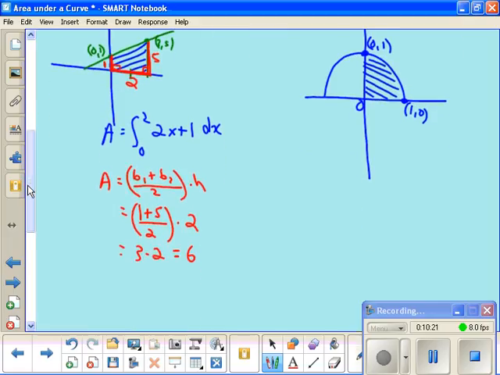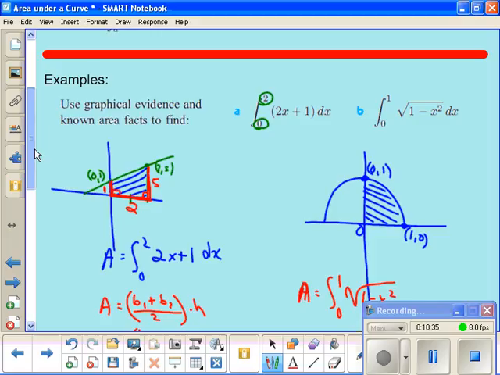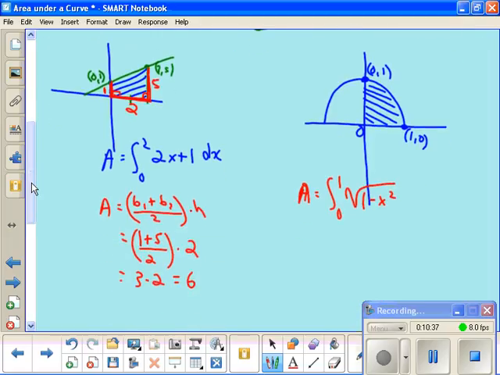So when calculating this problem, again using graphical evidence, the area is equal to the integral from 0 to 1 of the square root of 1 minus x squared dx. But in actually calculating it, we're simply going to go 1/4 of a circle.